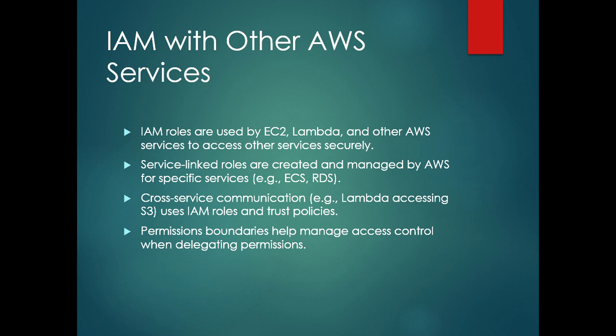EC2 can assume a role to access DynamoDB. Lambda can use a role to write logs to CloudWatch. Likewise, service-linked roles are created and managed automatically by services like ECS. A generic example: your Lambda function needs to read from an S3 bucket, so assign it a role with S3 GetObject permissions and the bucket ARN.